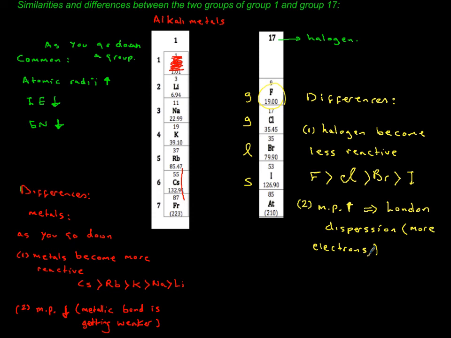So pay attention to physical properties, be able to compare group 1 to group 17, and as you go across a period, then you should be successful answering many of the questions.